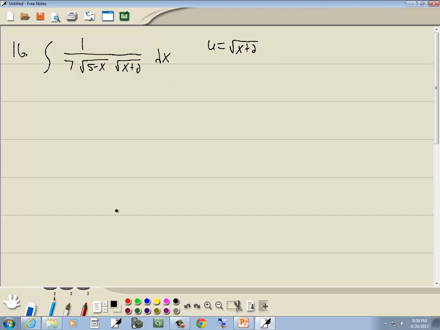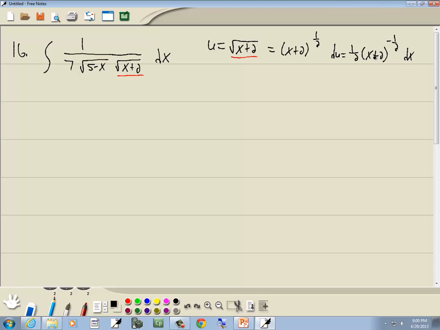Okay, well right away this is going to be taken care of by that. So that's pretty obvious. Now this is also equal to x plus 2 to the 1/2. So du, take a power, put it out in front, what's inside the parentheses remains as is, lower your power by 1, and then I put on dx.